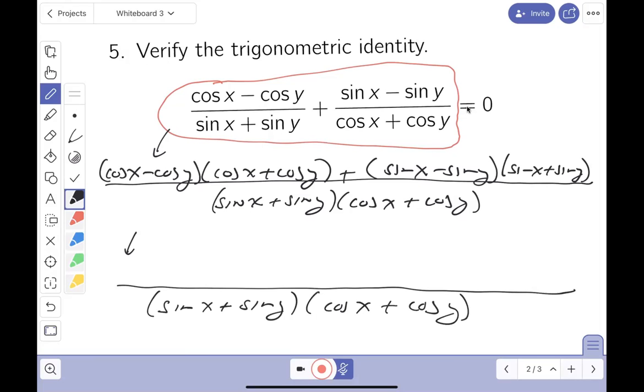All right, let's keep going. What do you get in the top? Cosine squared x plus cosine x cosine y, minus cosine x cosine y, minus cosine squared y.